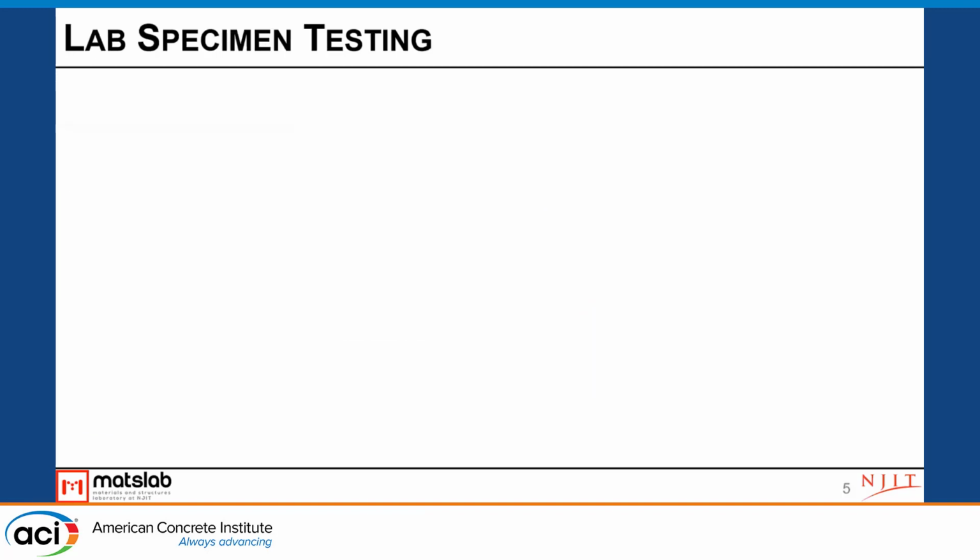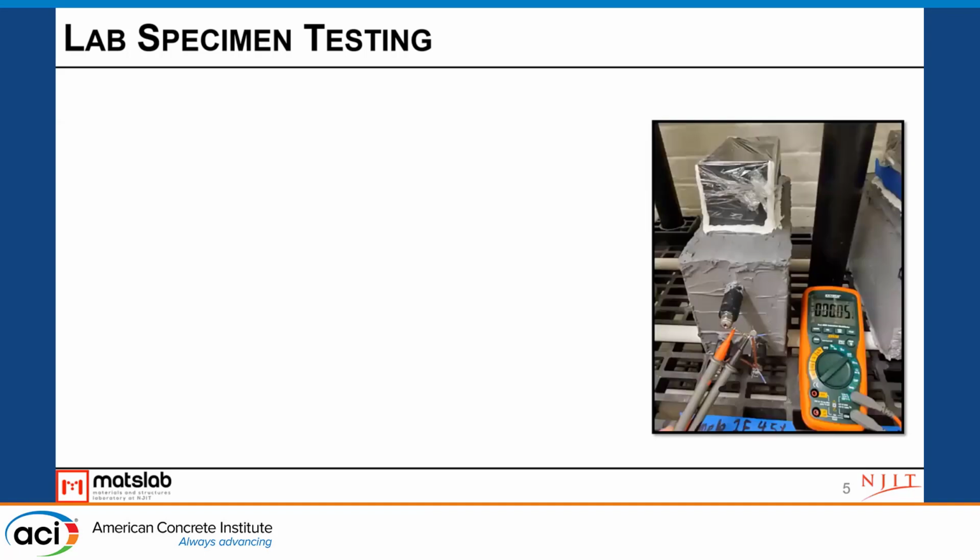Here, let me introduce lab testing conducted by one of my colleagues who couldn't come here. This test is based on the ASTM G109 method, and first we cracked the beam.